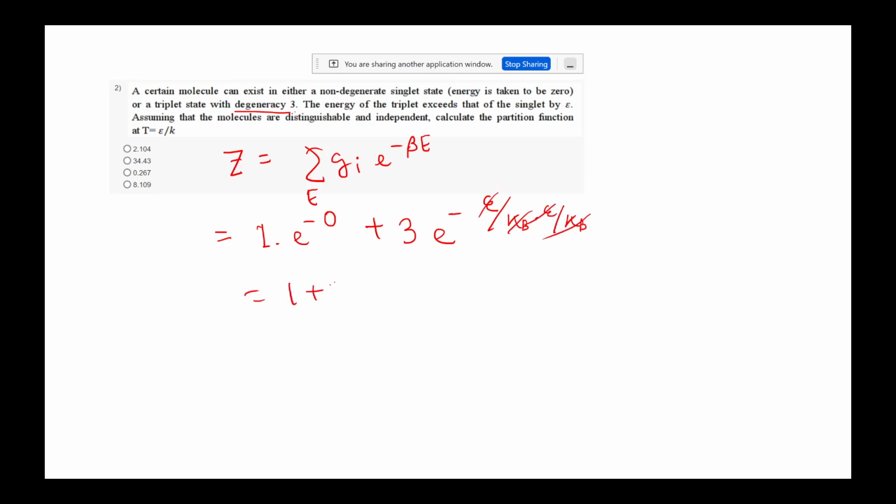So 1 plus 3 exponential minus 1. If you do that, 1 plus 3 times e to the power minus 1 gives 2.1036. That is close to this. Quite easy, okay?